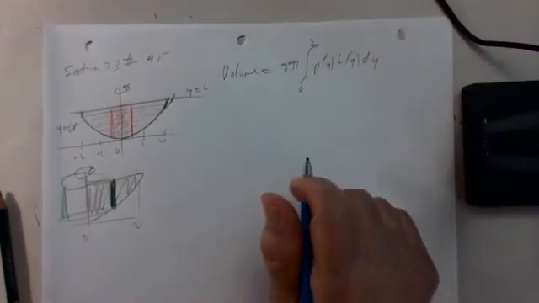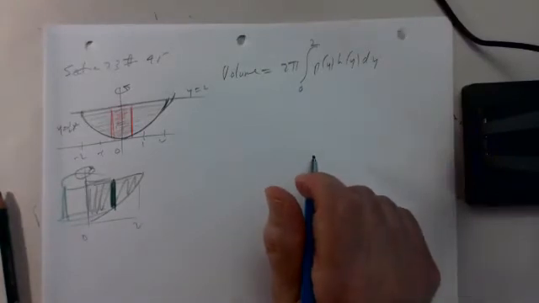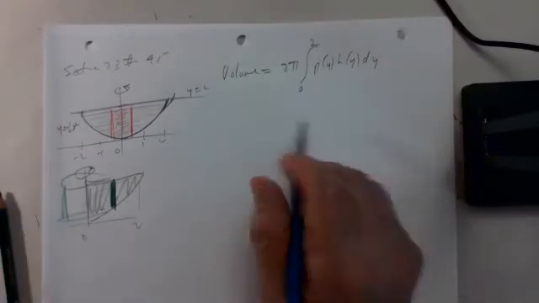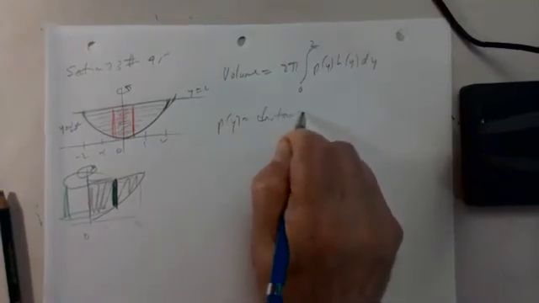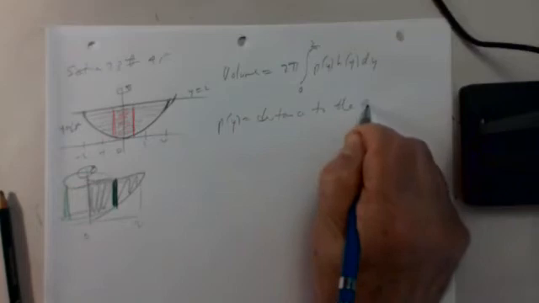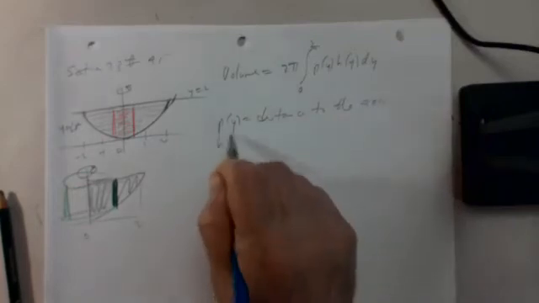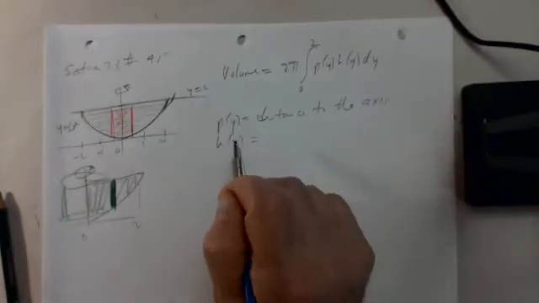And P of y is the distance to the axis, and H of y is the height.